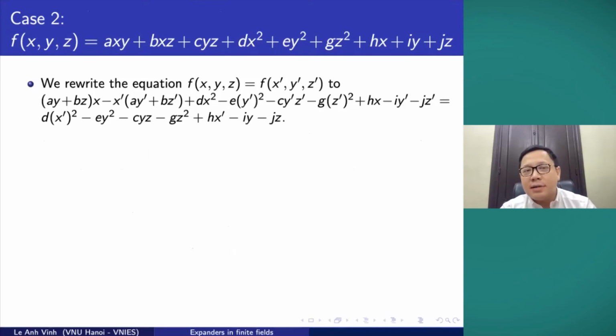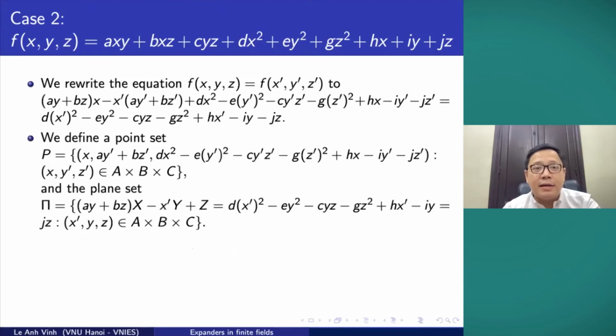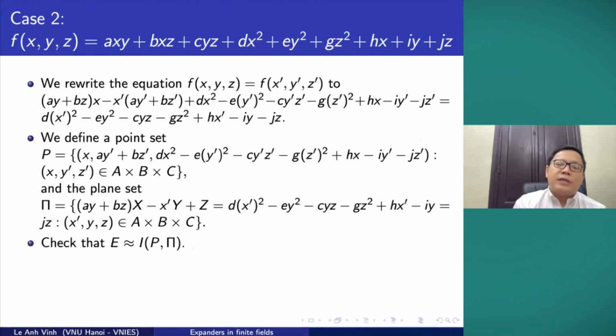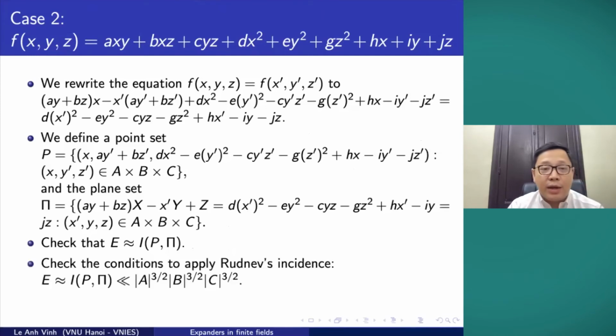You rewrite the equation f(x, y, z) equal to f(x prime, y prime, z prime) as an incidence between the point set and the plane set, check the conditions for the Rudnev incidence bound, and we have an upper bound for the number of solutions. Again, divide that number by a squared, b squared, c squared in the Cauchy-Schwarz inequality that we mentioned at the first step of the proof.